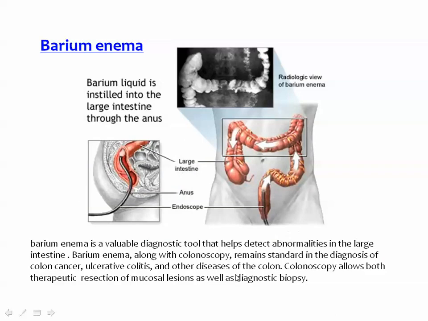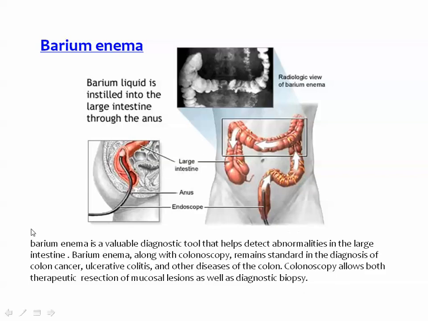And you know that the popular examination of the colon is via the barium enema, and this was the traditional examination done in the previous days, and may still be used in clinical practice because of its valuable diagnostic effect.